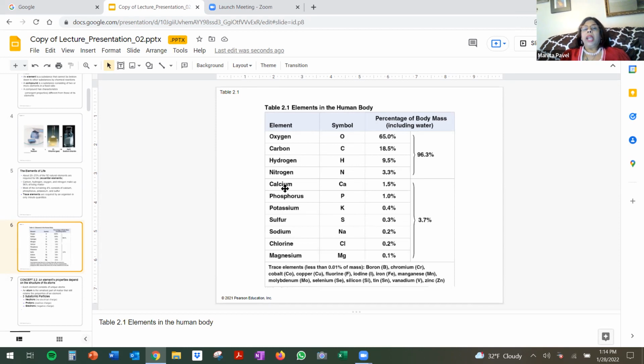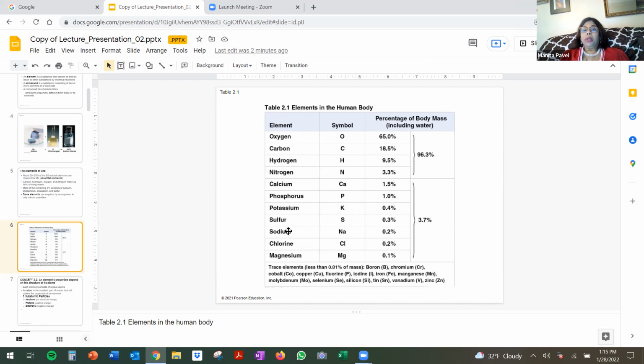Now let's look at calcium. Calcium is a salt. The first letter is in capital and the second letter is in lowercase. So calcium, the scientific notation is Ca. Phosphorus is capital P, potassium K, sulfur S, sodium.